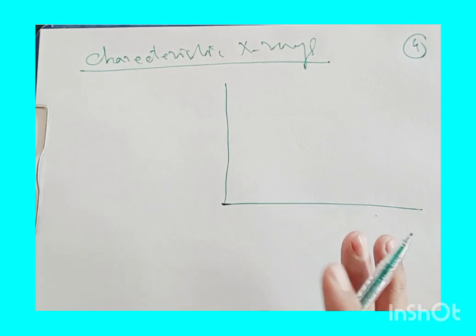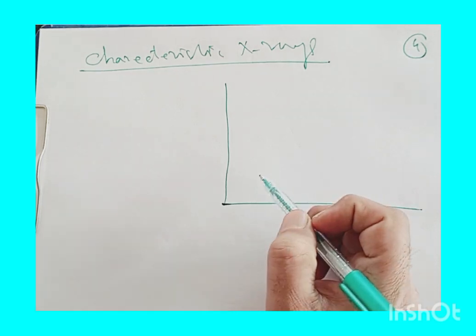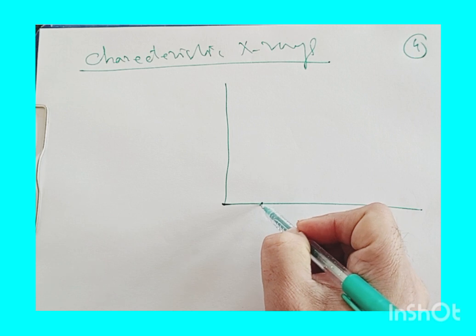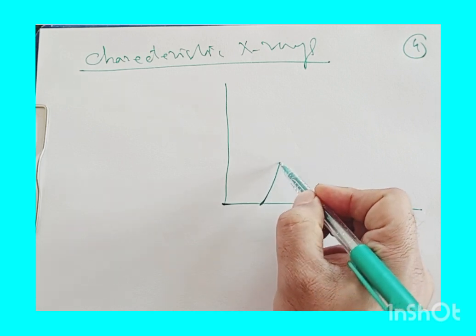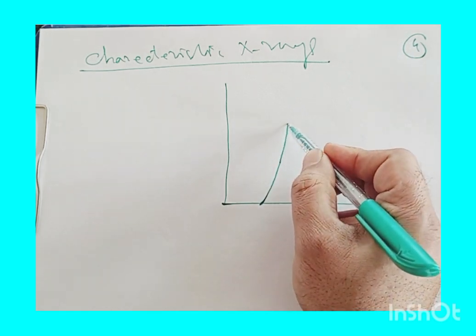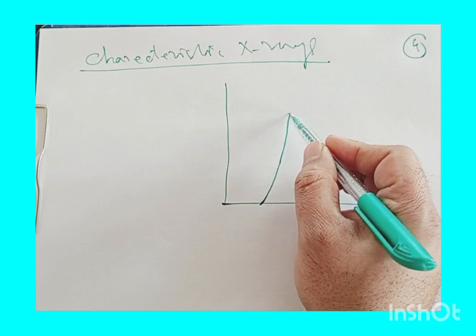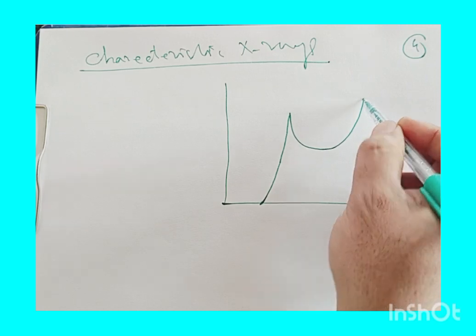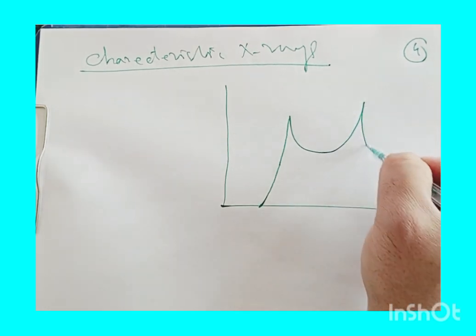Now these sharp lines are due to X-rays of some definite wavelength. If we take this as lambda min, when we apply some extremely high voltage, we appear to have a peak, then it goes down, and then we appear to have another peak, and then it goes down.